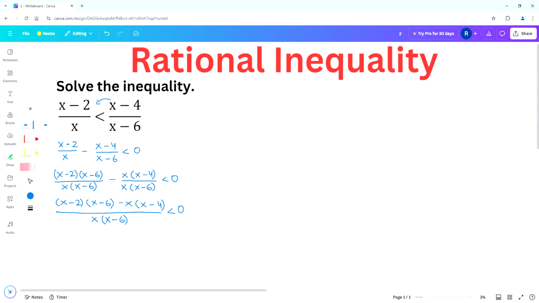We can use the FOIL method to distribute the terms in the first two parentheses. Next, we can distribute negative x into the parentheses.